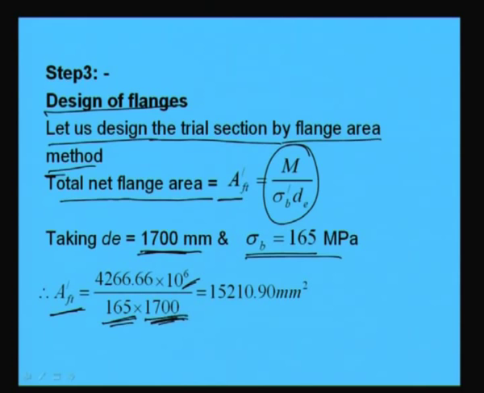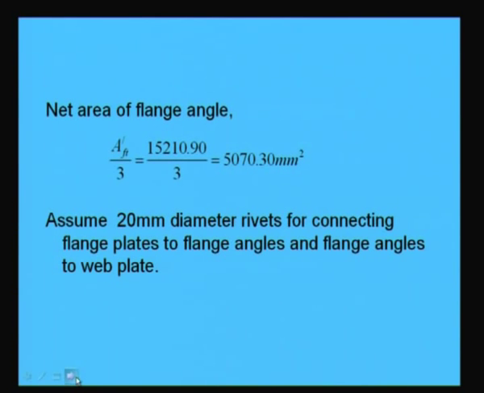So, after calculating this we are going to get 15,210.9 millimeter square. So, in this way we are going to get the total net flange area. So, net area of flange can be found out now, that is Aft by 3, right.